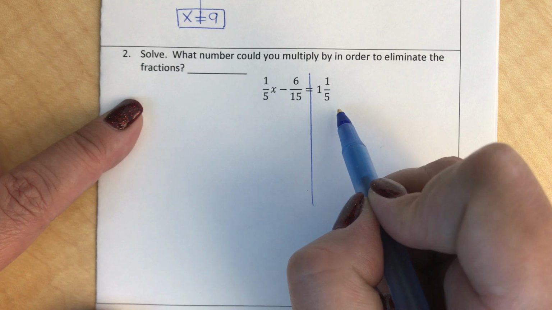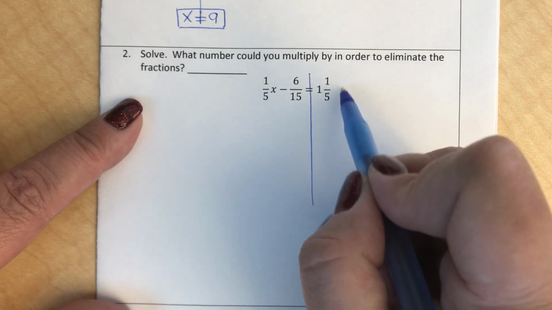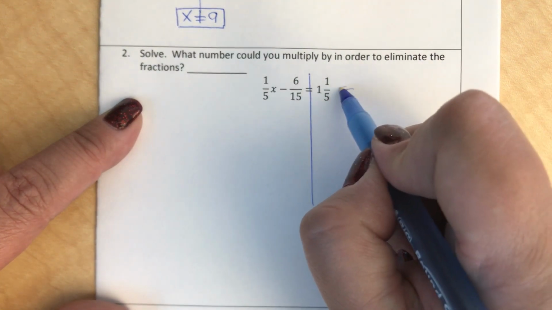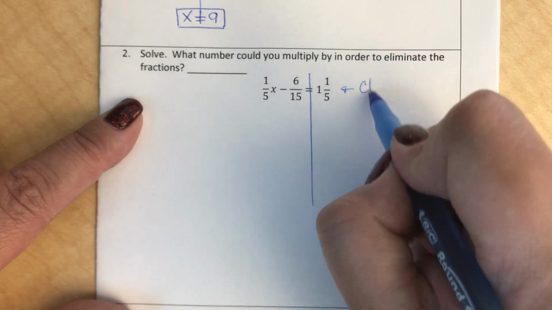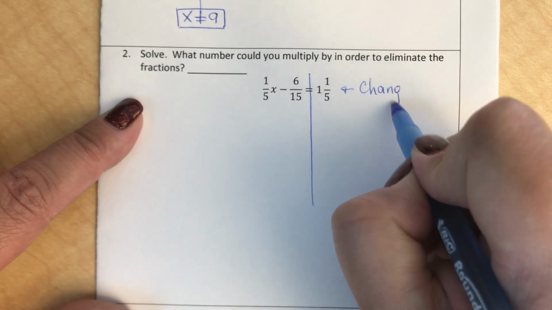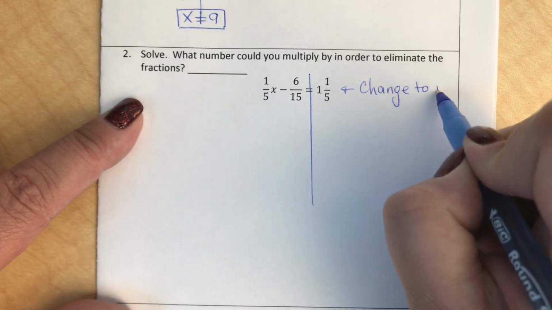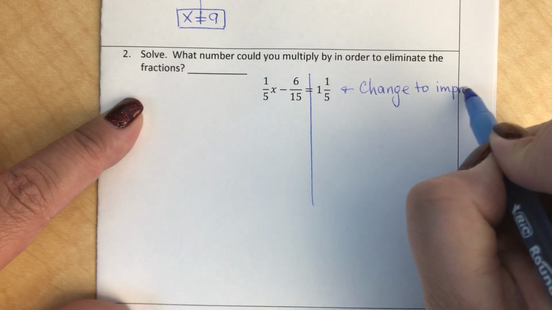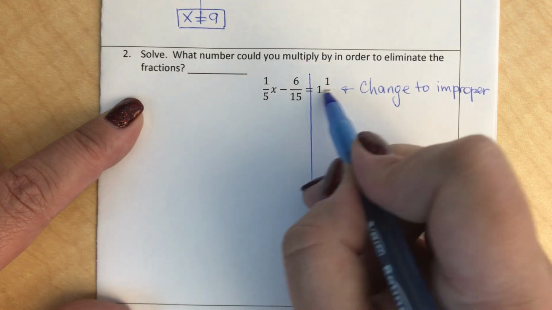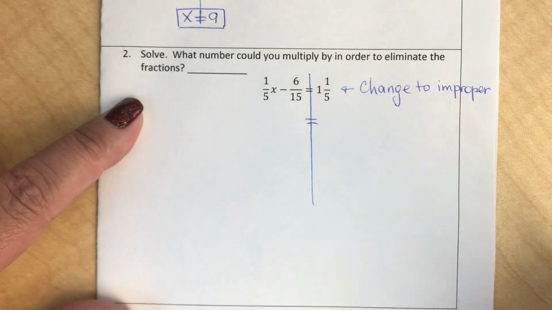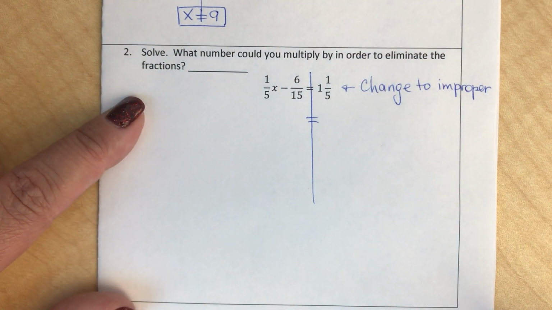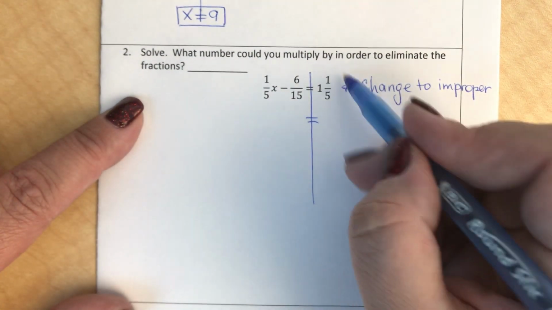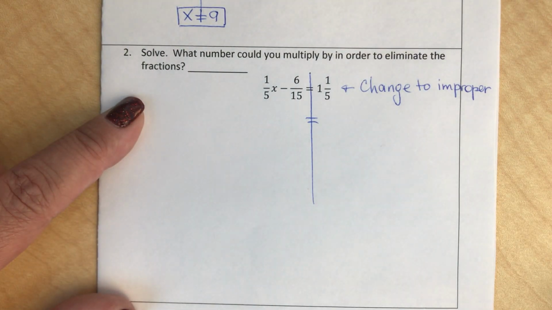So before I multiply by the common denominator, I need to change this to an improper fraction. So that's the little problem right here. So I'm not multiplying by the common denominator until I have either proper or improper fractions.